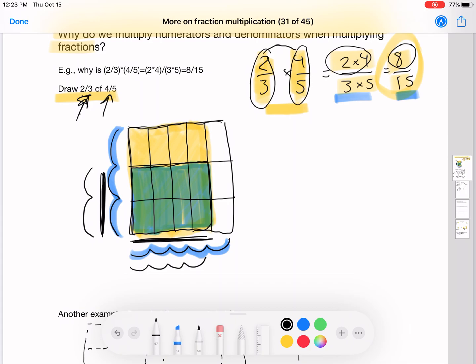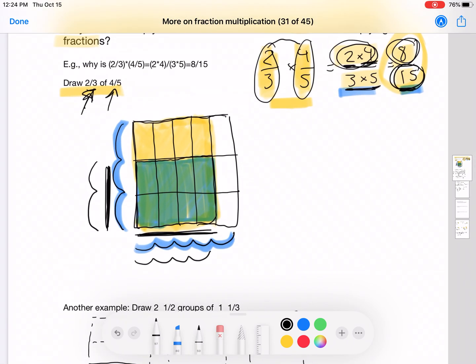I had 4 pieces, but then I cut those all in thirds, so I now have 2 times 4, or 8 pieces out of the 15 pieces. When you draw a detailed picture like this, it gives insight into why we multiply numerators to tell us the number of pieces we have, and denominators to tell us the size of each piece.